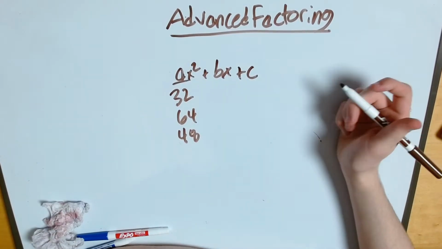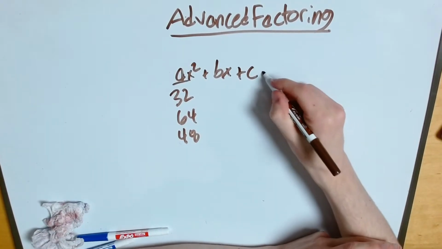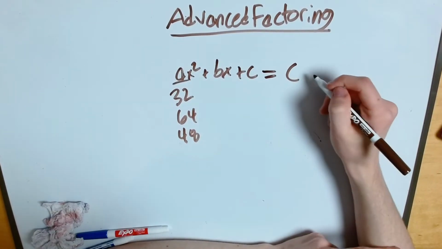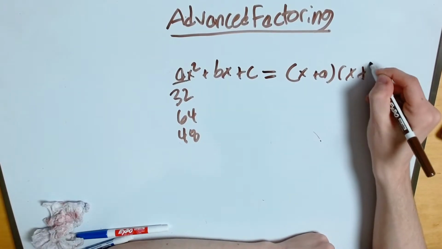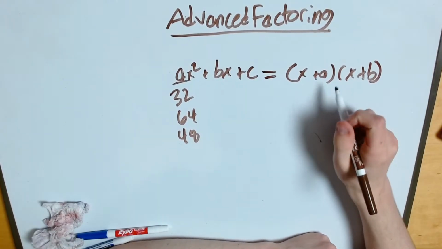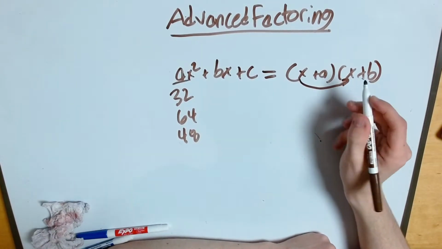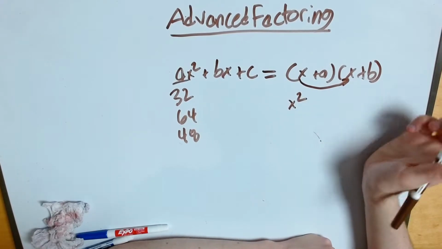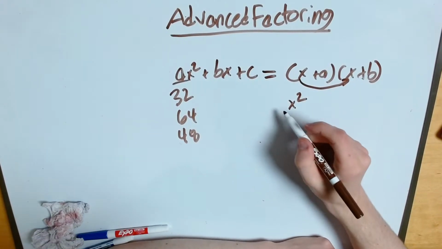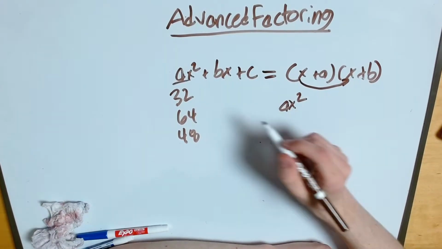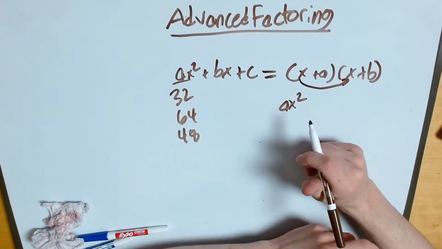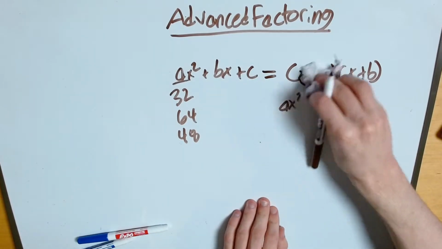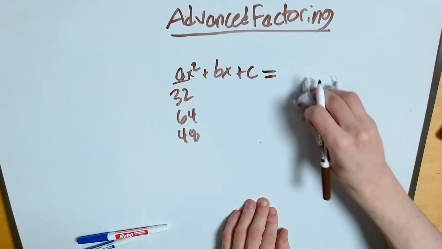And it creates a huge headache because when we have to find our factored solution, we don't just have x plus a times x plus b, right? Because if we did that, we'd be left with x times x or x squared. Well, that doesn't work because we have a out in front that we also need to have in our factored expression. And so we're going to resort to some special tricks to really get past this.